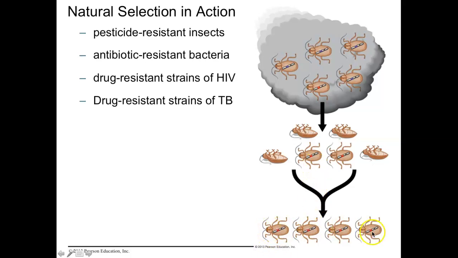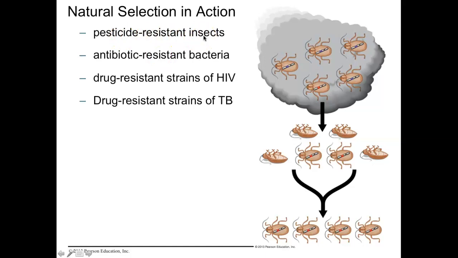So all the offspring are most likely to have that red allele. So you can actually see this allele change, where the population before used to have mostly blue allele cockroaches. The environment changed and now we have another population with mostly red alleles. This is exactly how we get resistant bugs around us. So we have pesticide resistant insects.